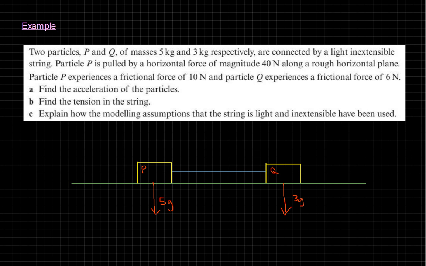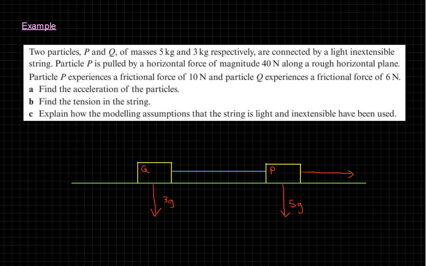So P is pulled by a horizontal force of 40 newtons. Let's swap these around slightly so this makes a bit more sense, because P is going to be pulled, and I want the system to be going to the right. So that one's Q, that one's P, and P is being pulled to the right by some mystery force.